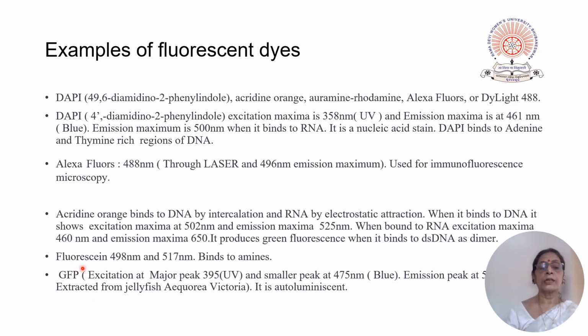So this is organic in nature, and each fluorescent dye has its own excitation maxima and emission maxima, and accordingly, depending upon the sample, the choice of the fluorescent dye is made.